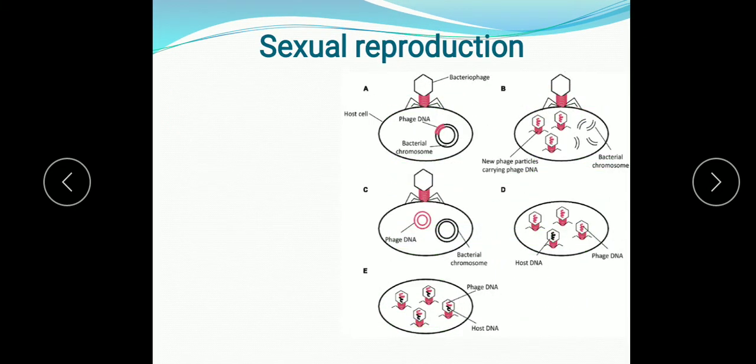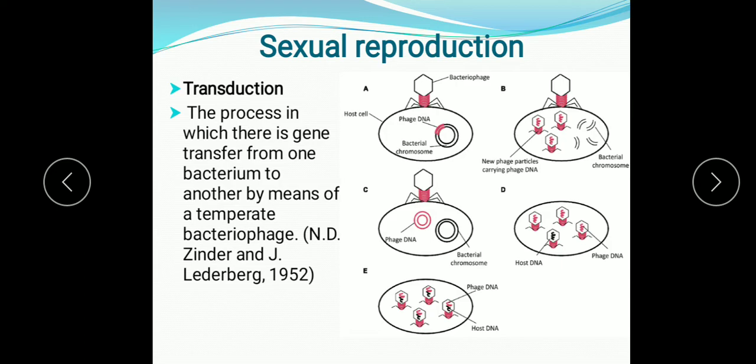Now next sexual reproduction we are going to study, that is the transduction. This transduction process is the process in which the gene is transferred from one bacterium to another by means of temperate bacteriophage. So here bacteriophage helps to transfer the DNA from one bacterium to another bacterium.